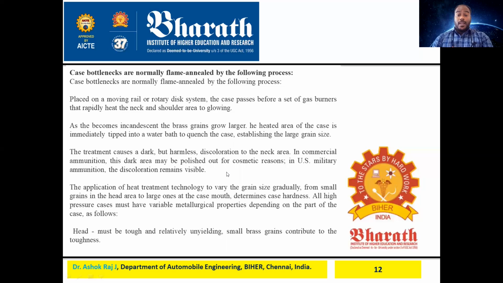As the brass becomes incandescent, the brass grains grow larger. The heated area of the case is immediately tipped into a water bath to quench the case, establishing a large grain structure. The heat treatment causes a dark but harmless discoloration to the neck area.